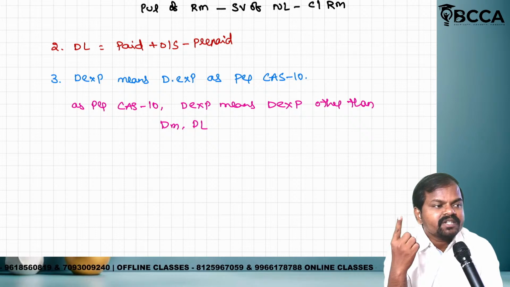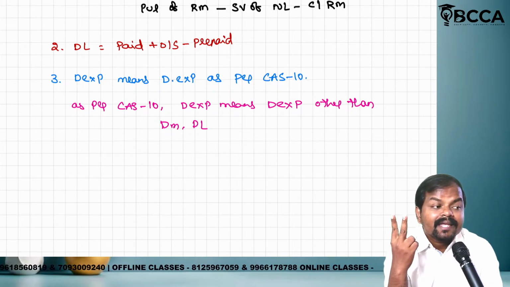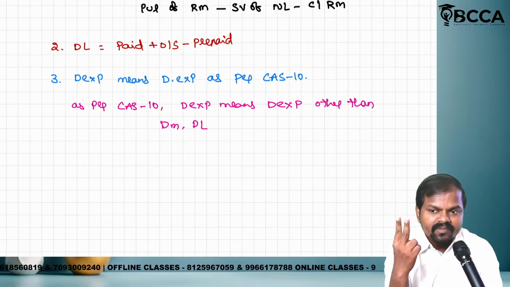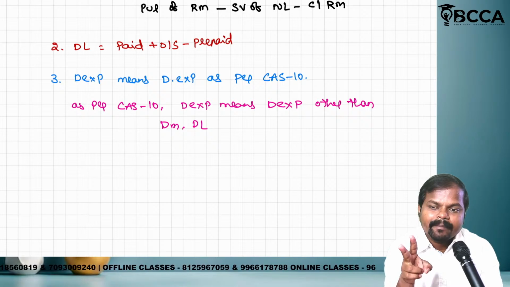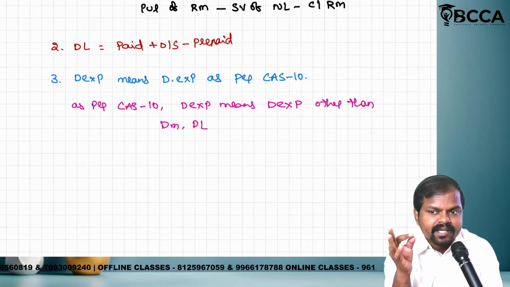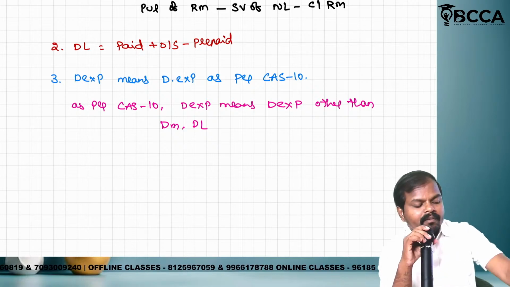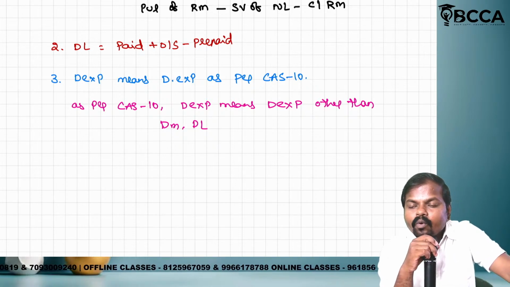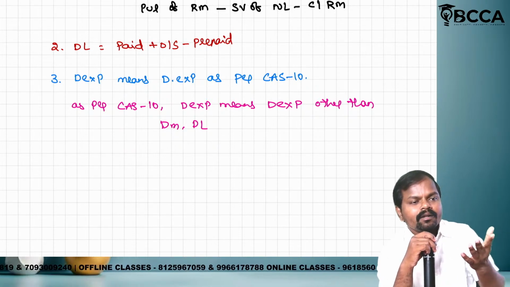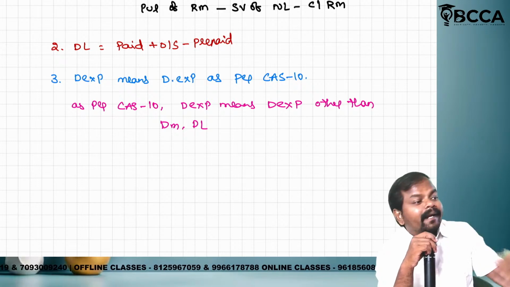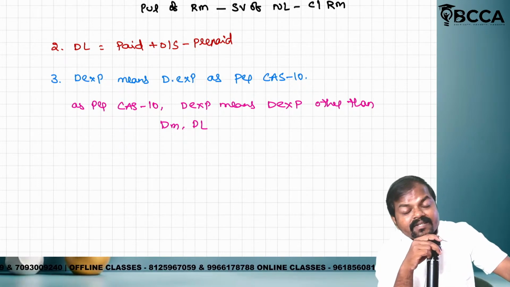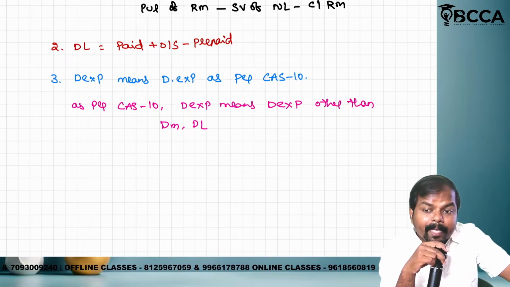DL definition is given by CAS 7. Direct expense definition is given by CAS 10. 6, 7, 10. Now tell me, direct material definition is given by whom? CAS 6. Direct labor? CAS 7. Direct expense?